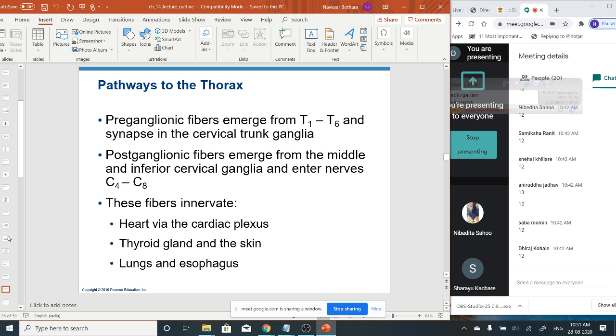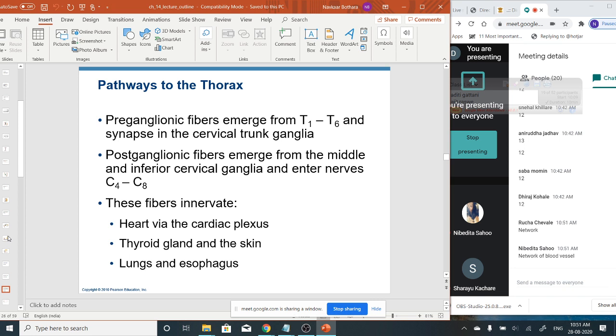What is a plexus? Very good. It is a network. It can be of blood vessels or it can be of nerves. So there are plexuses, and the cardiac plexus is there.